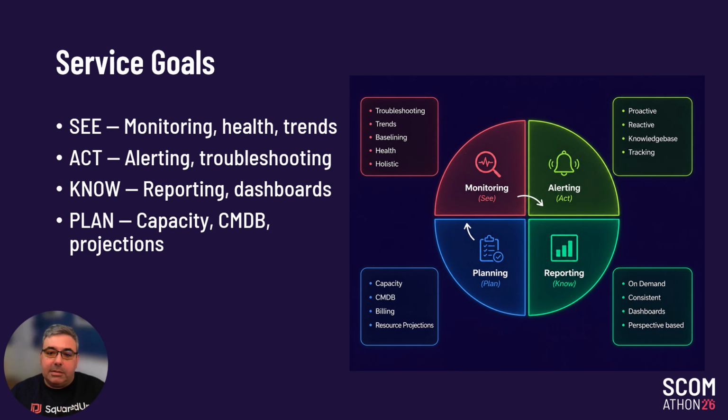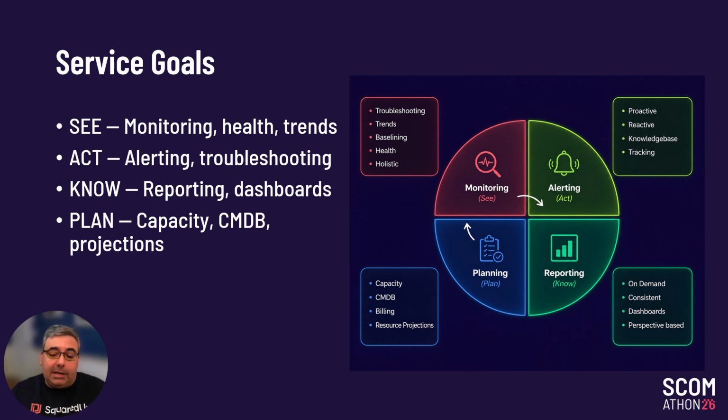So when I meet with customers, what I usually try to do is keep things simple and practical. I don't always explain the model, but I have a see, act, know, and plan model that I keep in the back of my mind. This is your operational intelligence lifecycle. Lots of buzzwords, but at the end of the day, it's just the simplest thing that you need to do. You already have the tools.